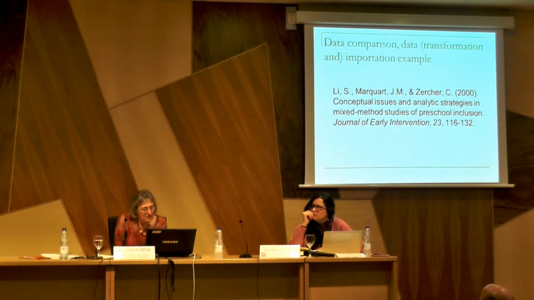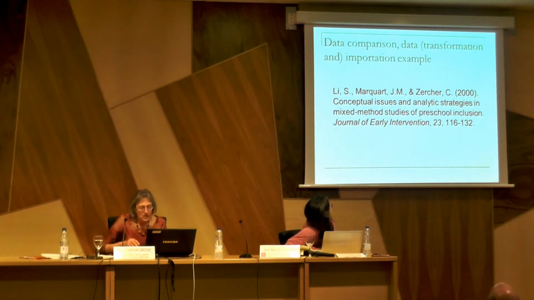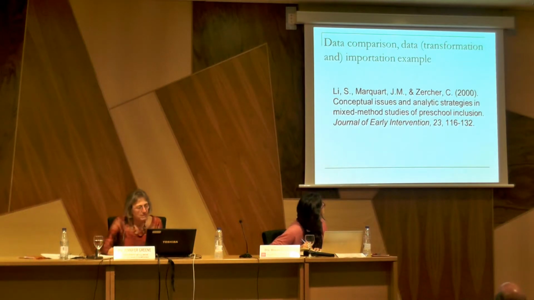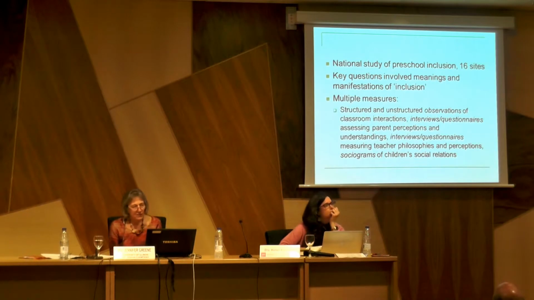So here's my first example. Involves data comparison, transformation, and importation. This was a national study of preschool inclusion. In the US, preschool inclusion means including children with disabilities in the class of children who don't have disabilities.